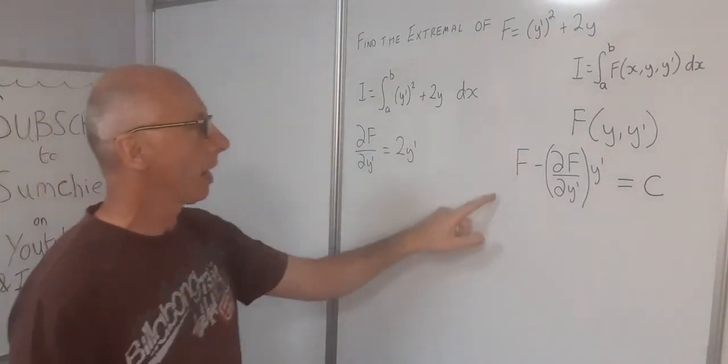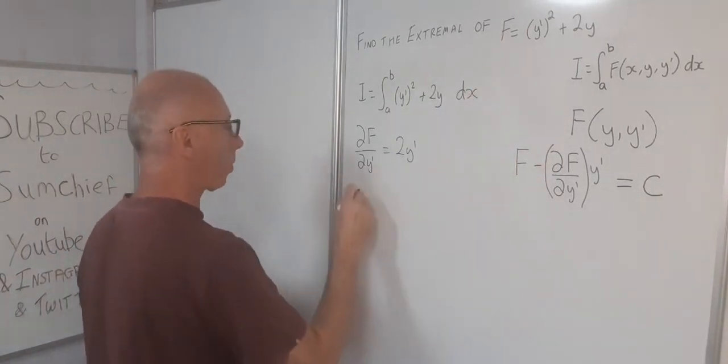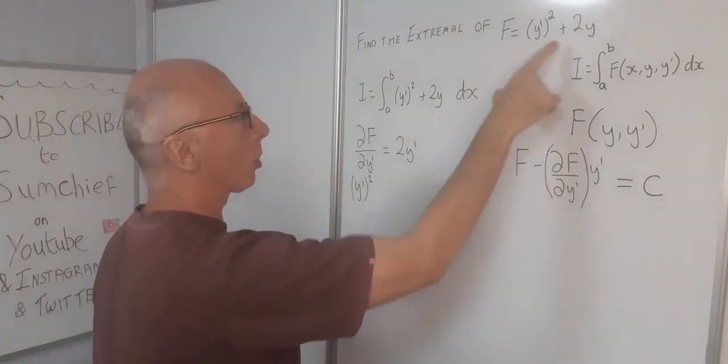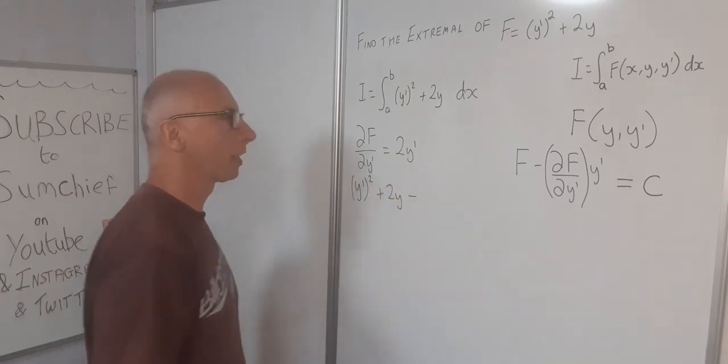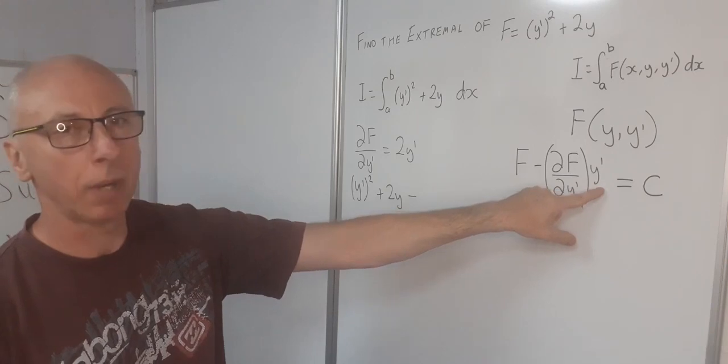Okay, so now let's write out this formula. Our f is y prime squared plus 2y, and then subtract the partial of f with regards to y prime multiplied by y prime.